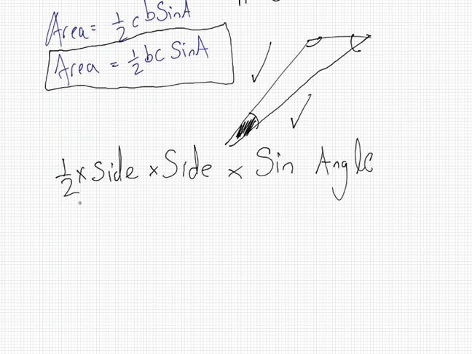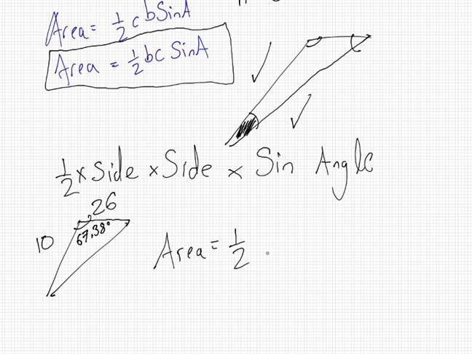So for example, if I look at 2a, this side is 10, this side is 26, we'll say, and then this angle there is 67.38 degrees. So the area is a half multiplied by 10 multiplied by 26 multiplied by sine 67.38 degrees.